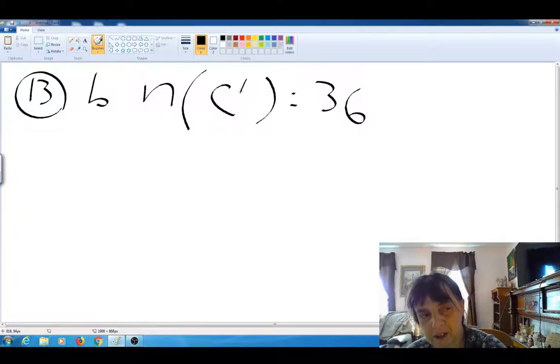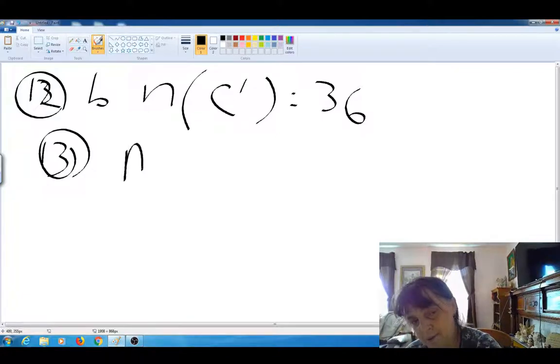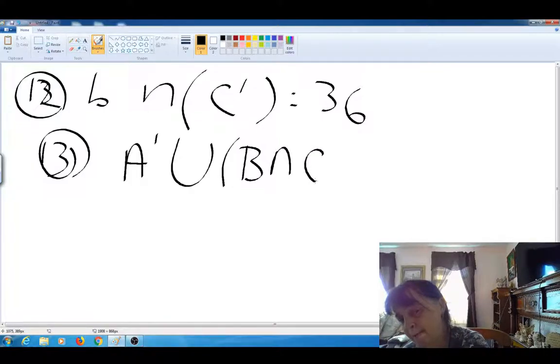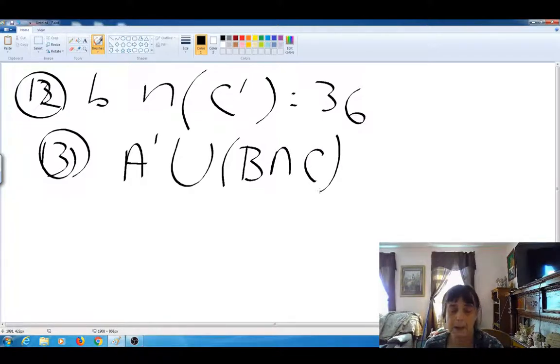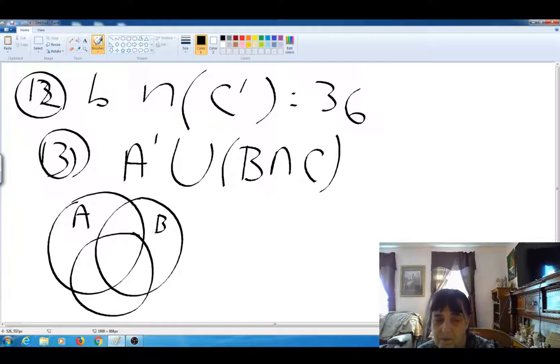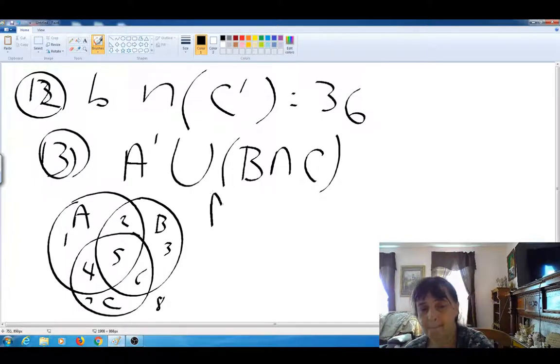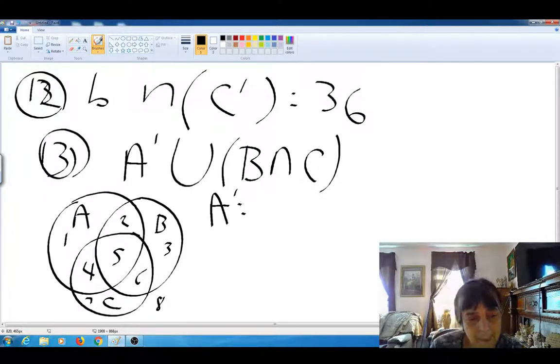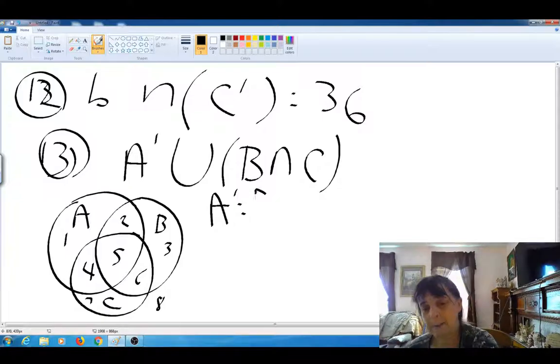That's 12B, not 13. Okay, 13. Find A prime union B intersects C. A prime is everything but A: 3, 6, 7, 8.